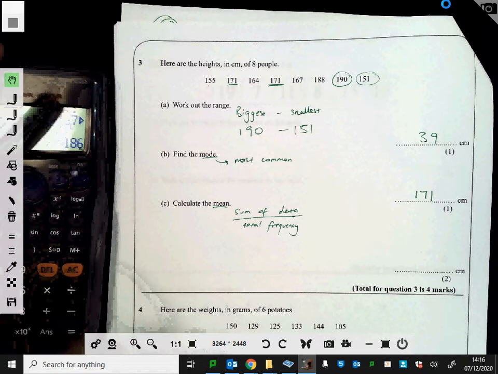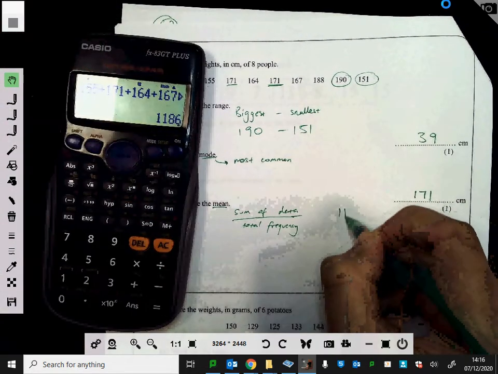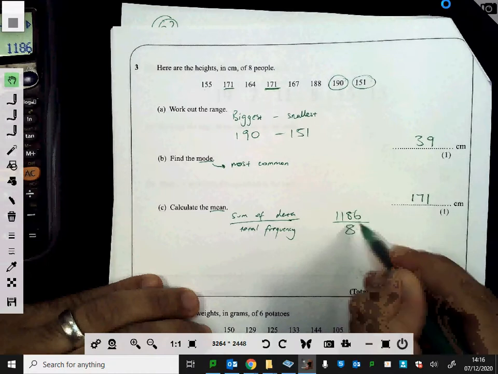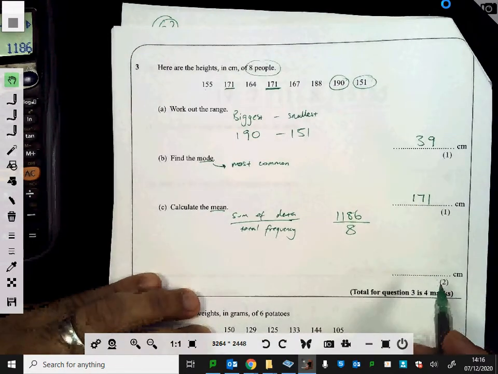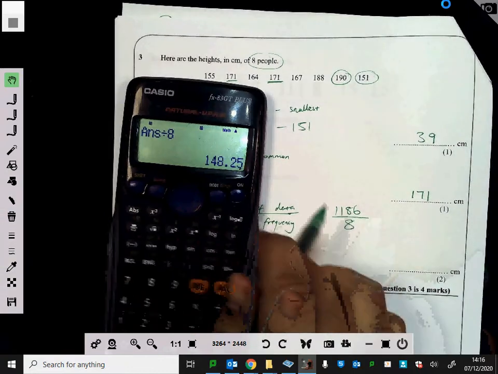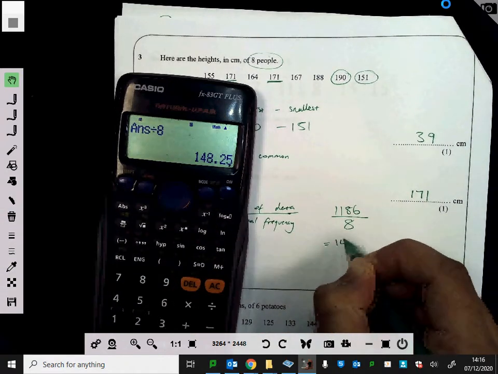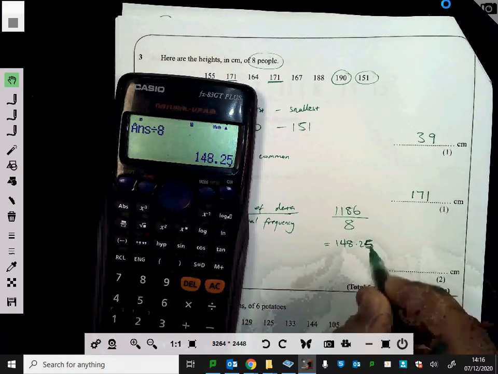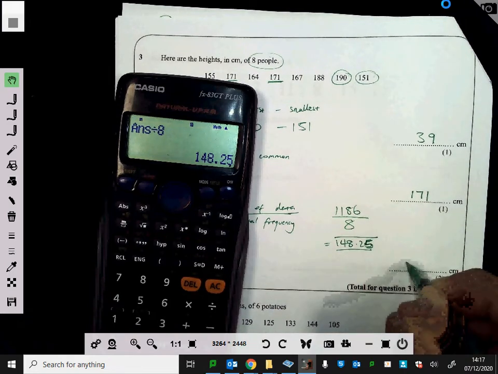That gives me a total of 1186, and I'm dividing by the total. It tells me in the question there are 8 people, so 1186 divided by 8 gives me a mean of 148.25.